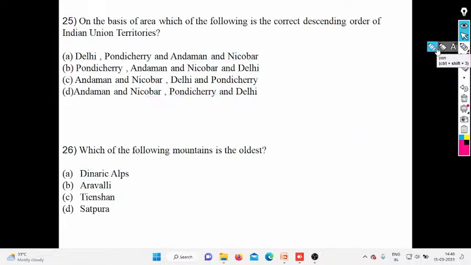Next. On the basis of area, which of the following is the correct descending order of Indian Union territories?